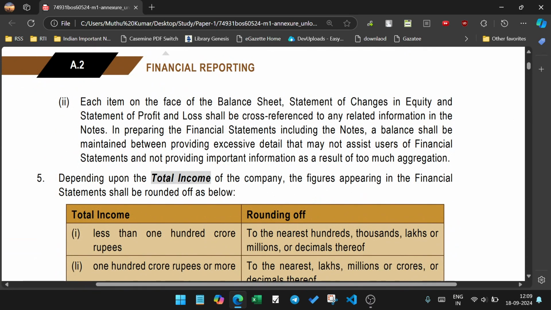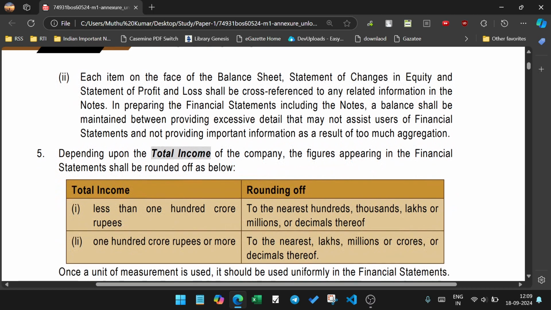Each item on the face of the balance sheet, statement of changes in equity and statement of profit and loss shall be cross-referenced to any related information in the notes. In preparing the financial statements, including notes, a balance shall be maintained between providing excessive detail that may not assist users of financial statements and not providing important information as a result of too much aggregation.